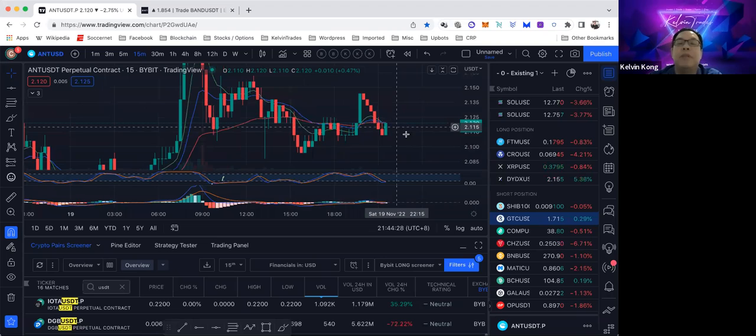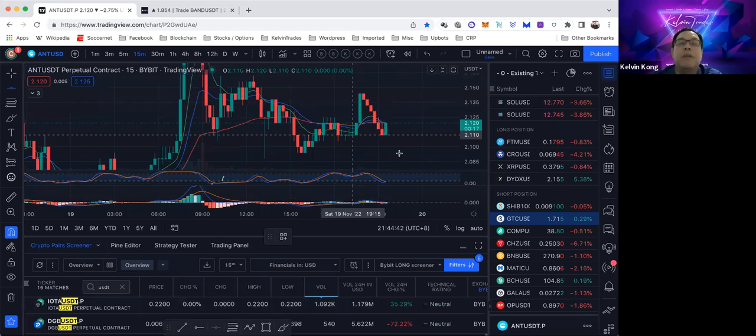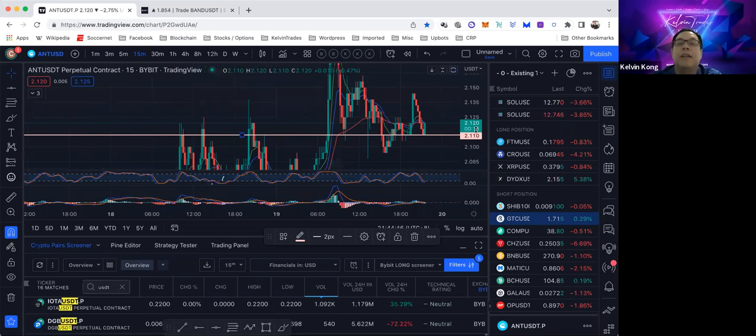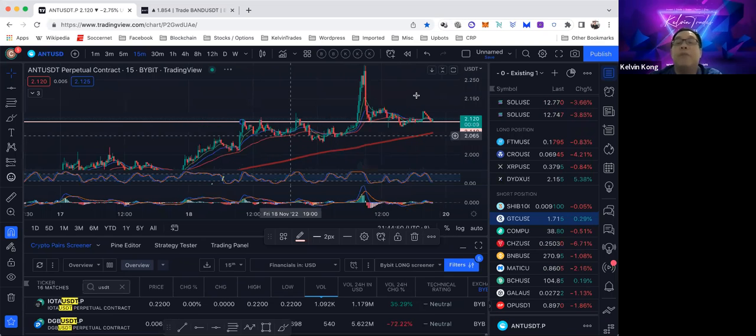There's a bullish engulfing candlestick over here, and it's sitting at support, on an obvious uptrend.